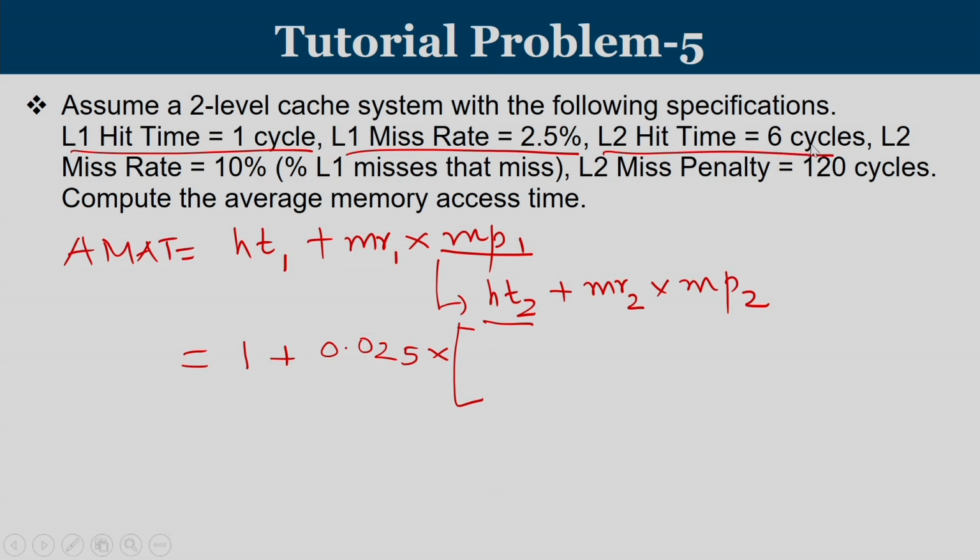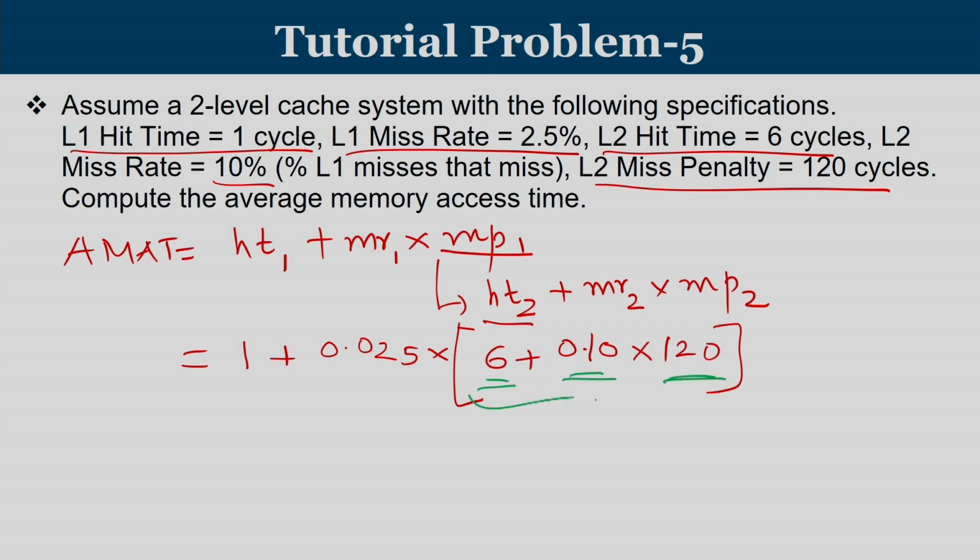L2 hit time is 6 cycles, 6 plus the miss rate of L2, that is 10%, so 0.1, into the miss penalty, that is 120. So, this is the hit time of L2, miss rate of L2 and miss penalty of L2. This much time is the miss penalty of L1. Once you solve this, you will get the answer for average memory access time.